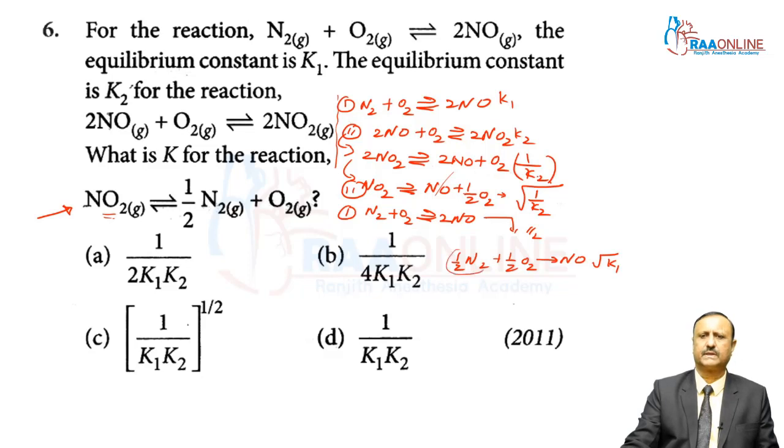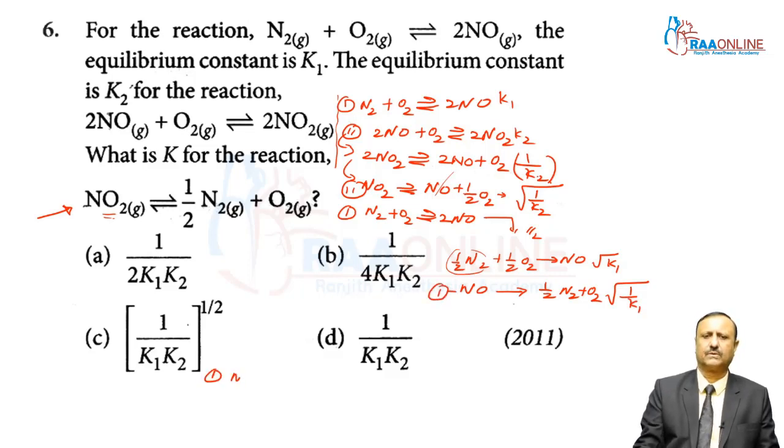But this N2 is present on the product side, so you can reverse this reaction also: NO gives half N2 plus half O2, and your equilibrium constant is 1 upon root K1. So, my dear students, your first reaction is NO2 gives half N2 plus half O2, and the equilibrium constant is root 1 upon K1.